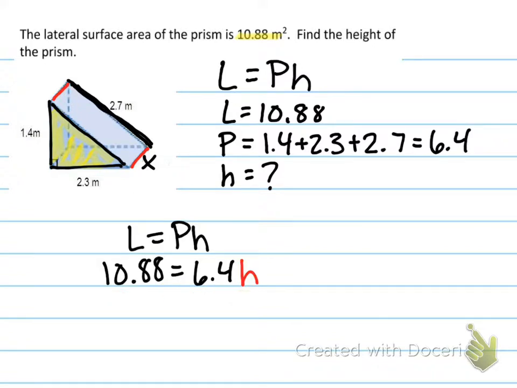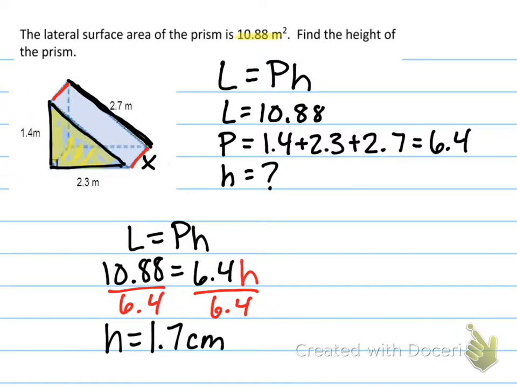The easiest way to do that is to divide by 6.4 on both sides. When I do that, my height, 10.88 divided by 6.4, gives me 1.7. And that's going to be centimeters.